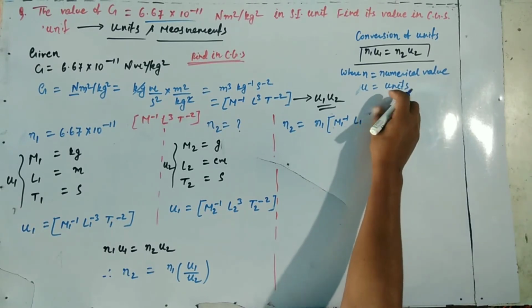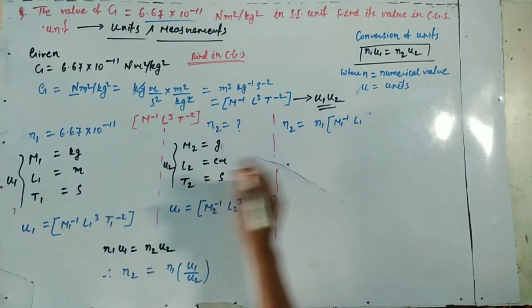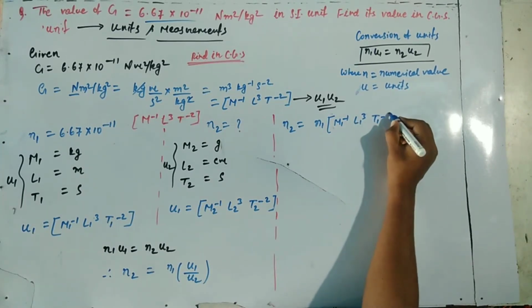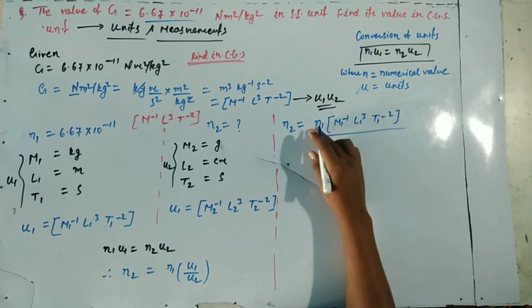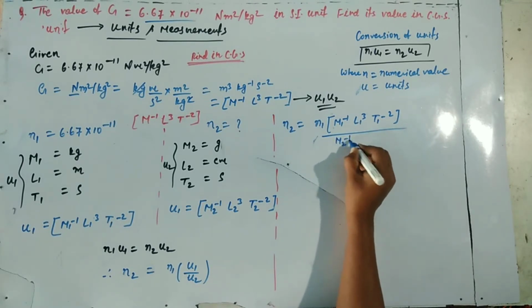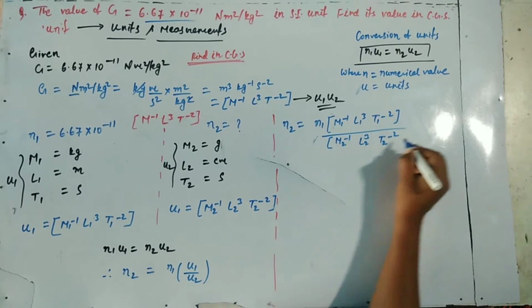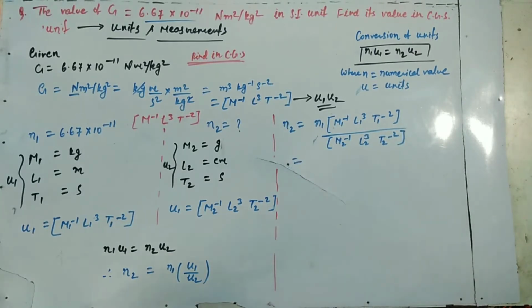So N2 equals N1 into M1 power minus 1, L1 power 3, T1 power minus 2 by M2 power minus 1, L2 power 3, T2 power minus 2.